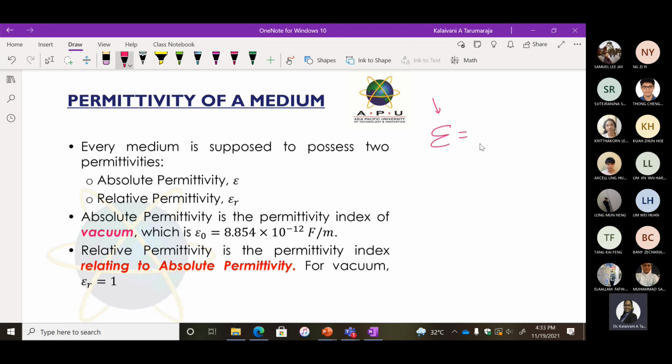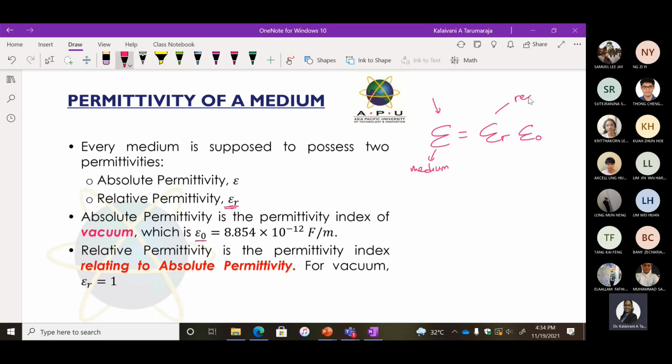It should be equal to permittivity relative times permittivity absolute. It means this one with this one. Okay, take note about that. So we call permittivity of the medium this one.